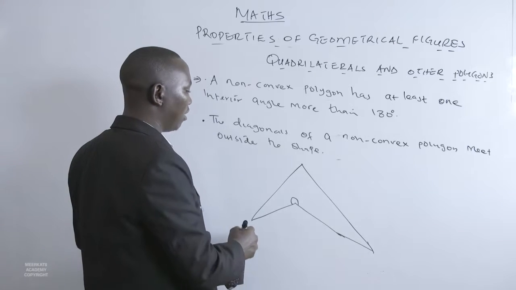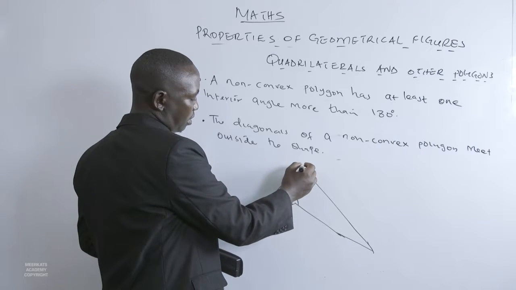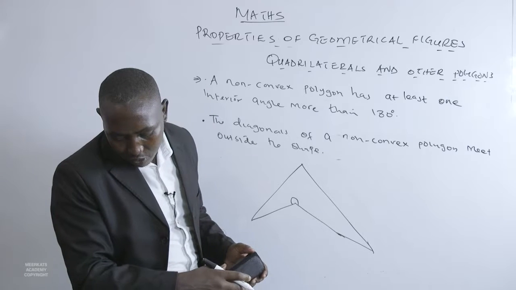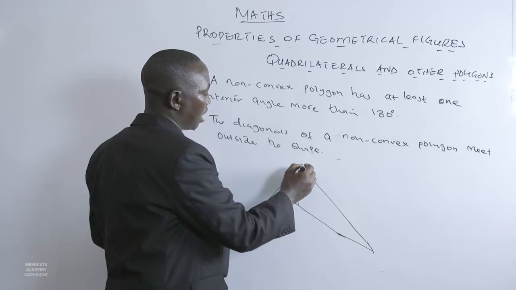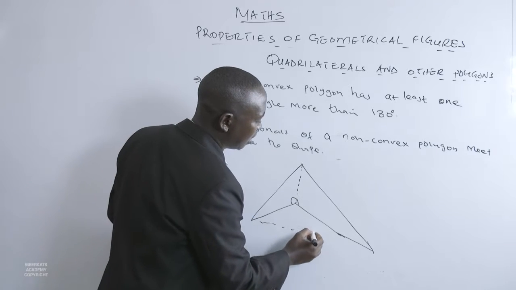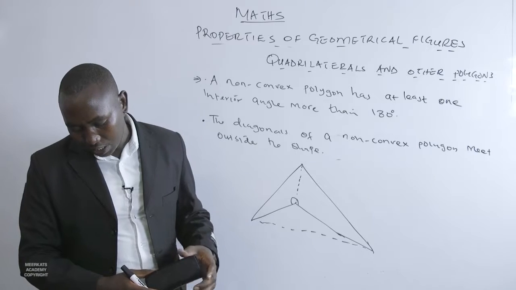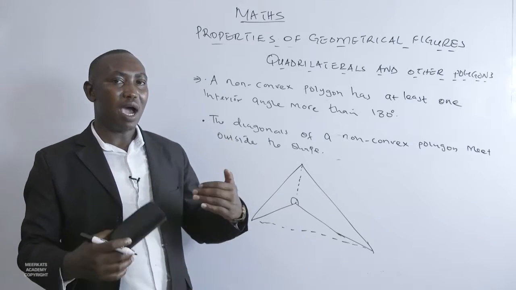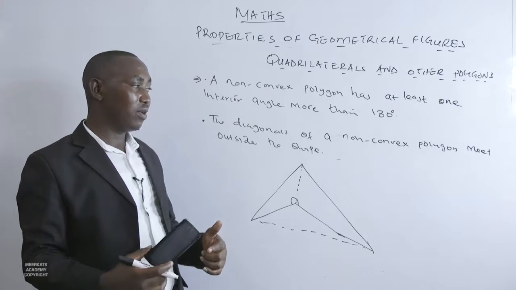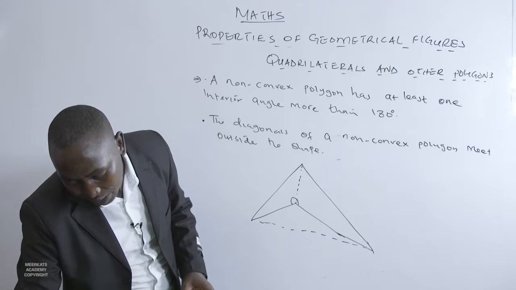And if we were to draw the diagonals, this will fall automatically outside, because we can have that joined to that, and these joined to the other one. So you'll discover that the diagonal will be outside that particular shape or figure.